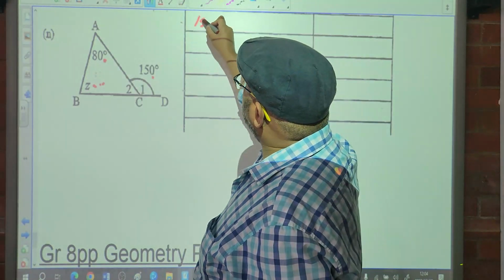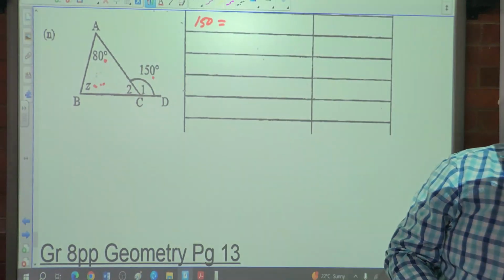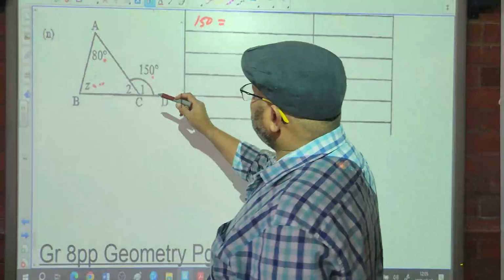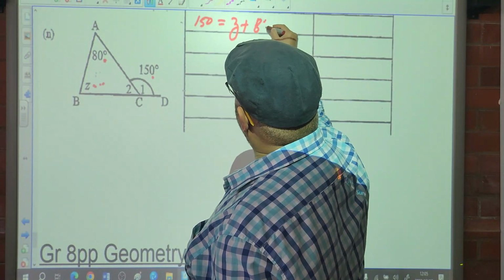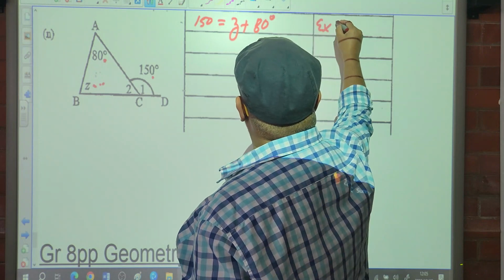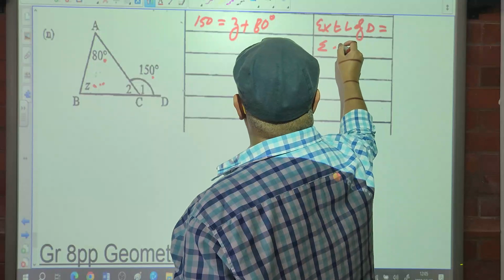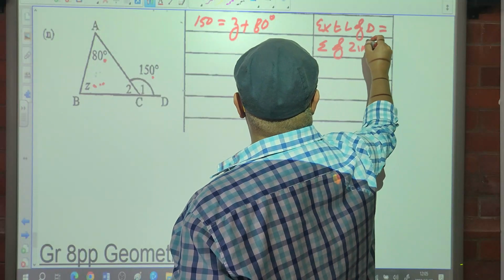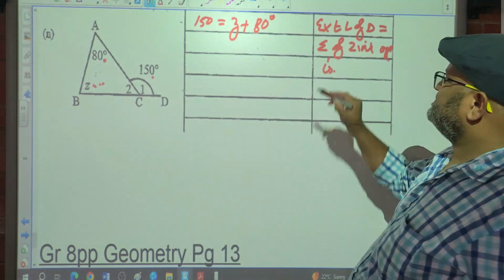The more you do it, the easier it becomes to spot it in the diagrams. So 150 degrees is equal to z plus 80. Why? Exterior angle of triangle is equal to the sum of the two interior opposite angles.